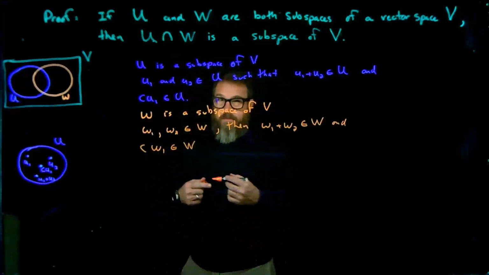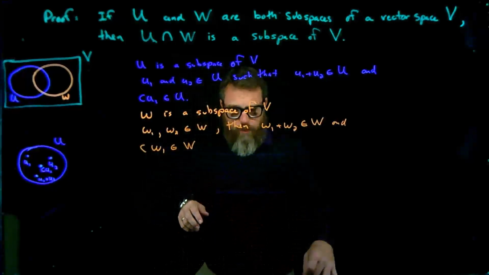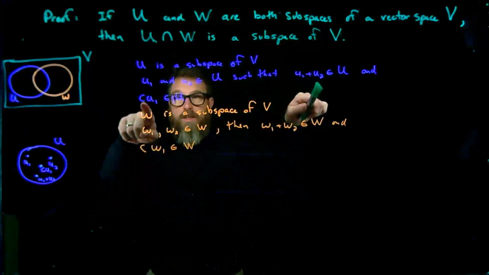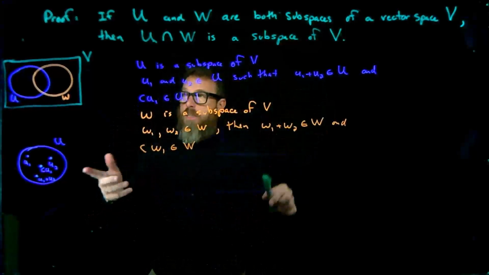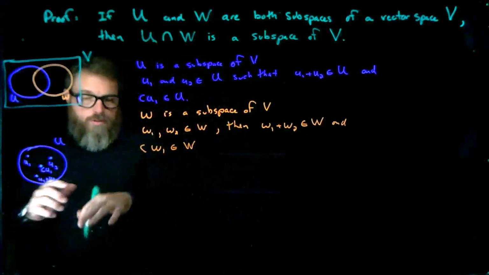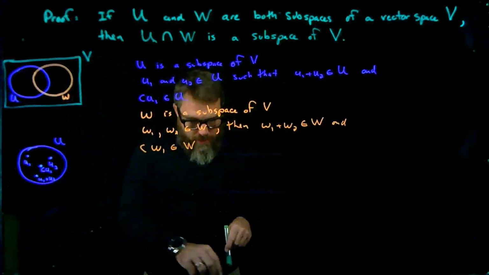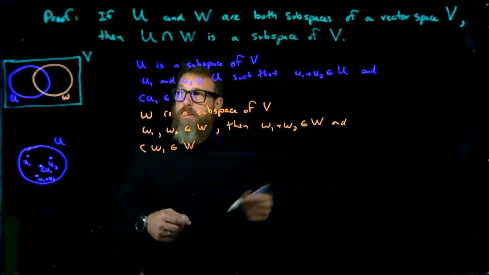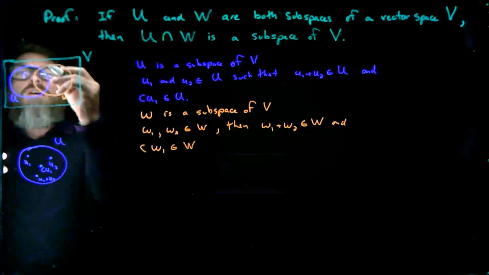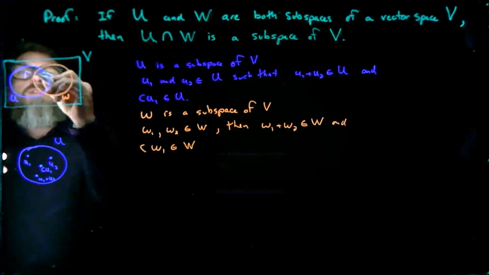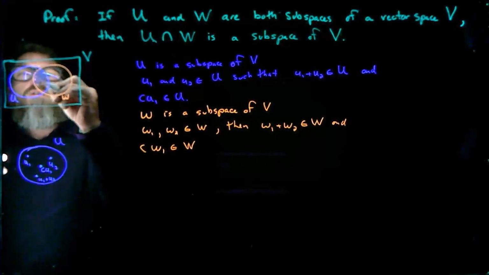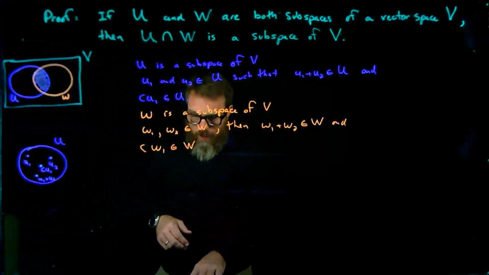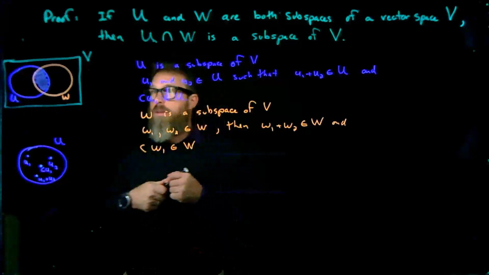Remember, this is arbitrary. I know that C times that one also will live in there, but we're supposed to talk about the arbitrary. Now, for me to prove that their intersection is also a subspace, I have to prove these two properties. The thing we're talking about is going to be this piece right here, and that is the intersection.